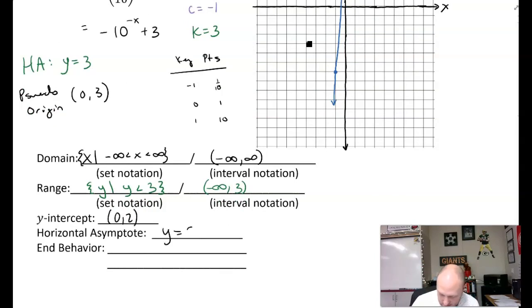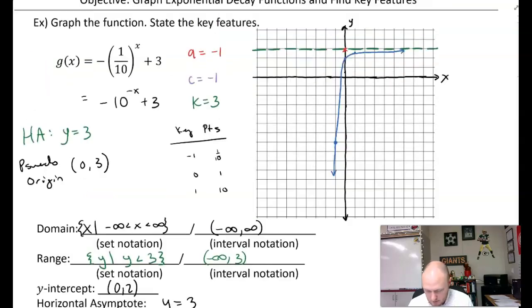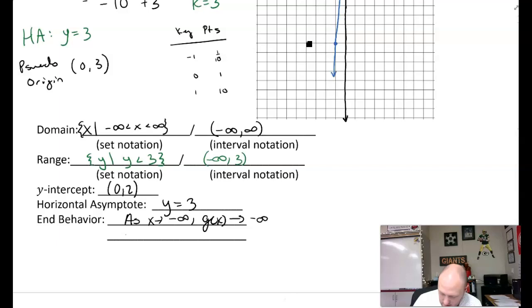Horizontal asymptote, y is equal to 3. And our end behavior, as x approaches negative infinity, g of x approaches negative infinity. And then as x approaches positive infinity, our function is approaching the asymptote at 3. Okay, there you have it.